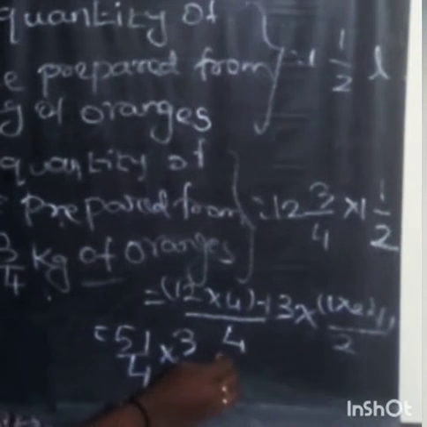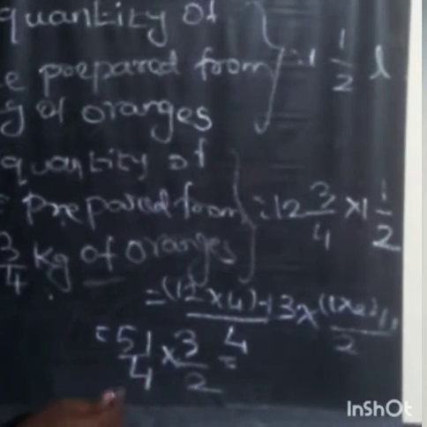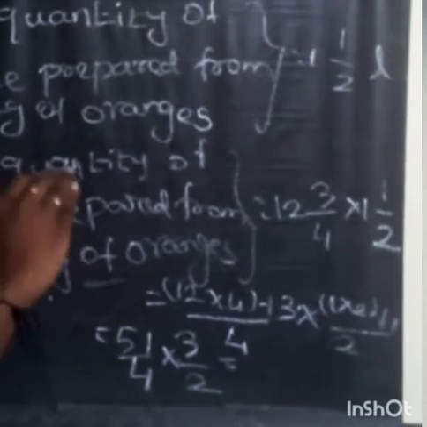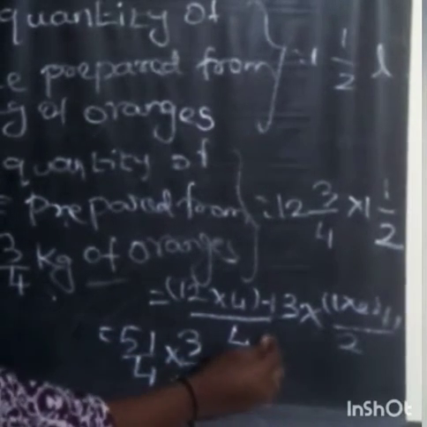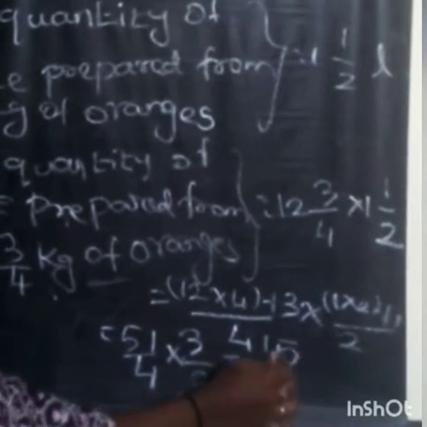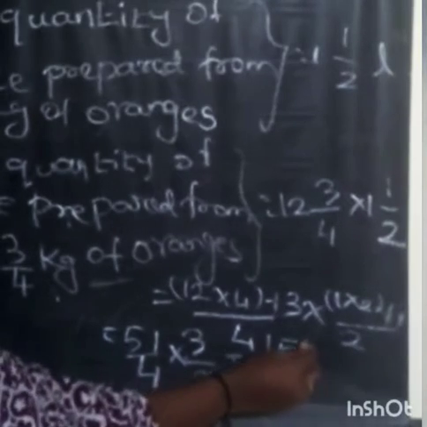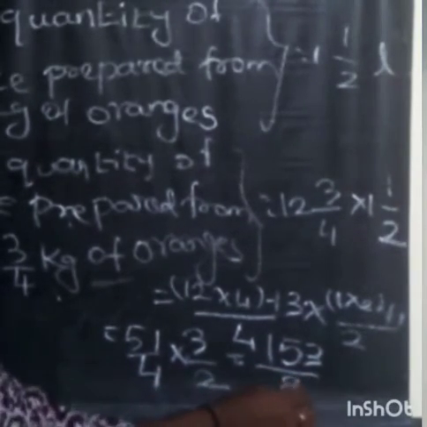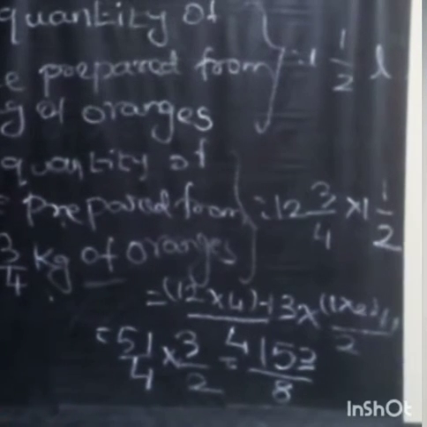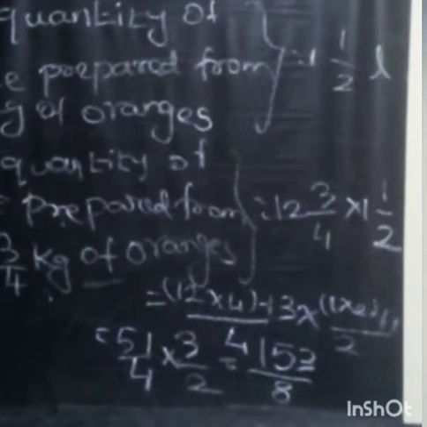Multiply the numerators as well as the denominators. 51 times 3 is 153, and 4 twos are 8. So 153 divided by 8. Dividing this, we get the answer.